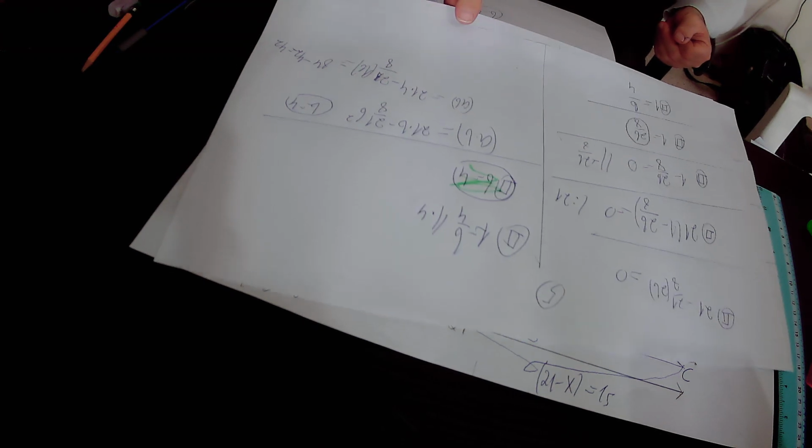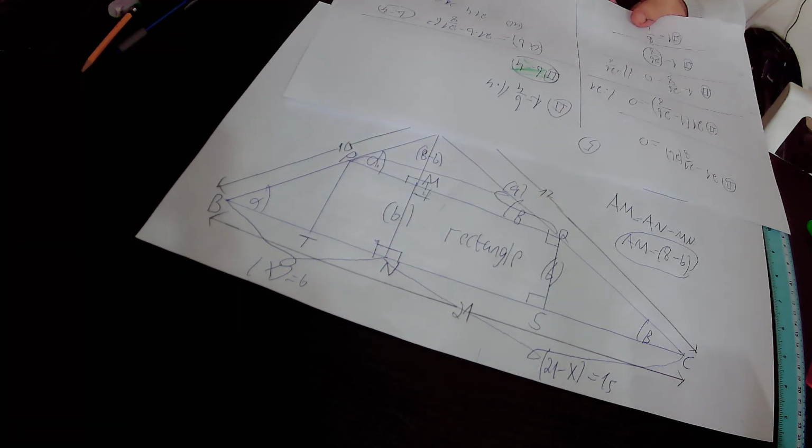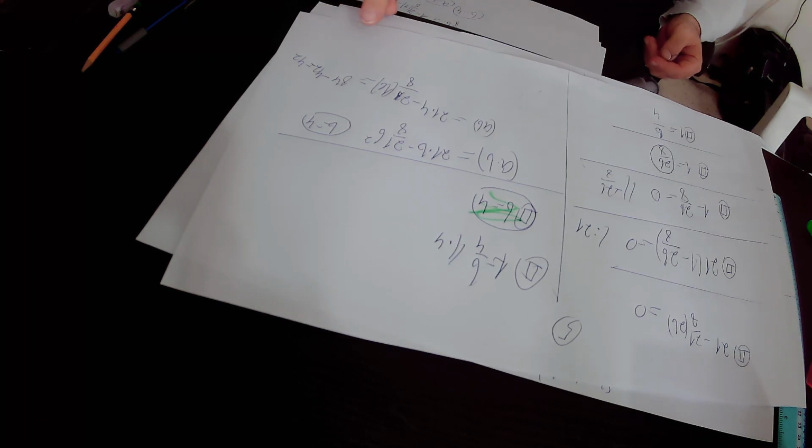So we did it and found that the area equals 21b, and b is 4, therefore it is 21 times 4 minus 21 over 8 times b squared. B is 4, therefore b squared is 4 squared, that is 16. So in total, the first term is 21 times 4, that is 84.